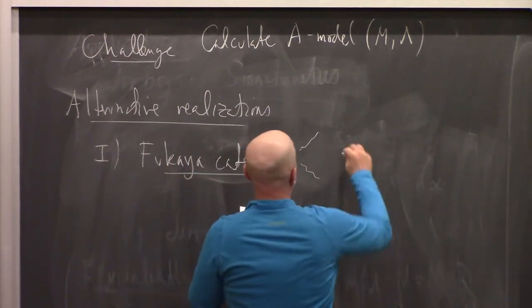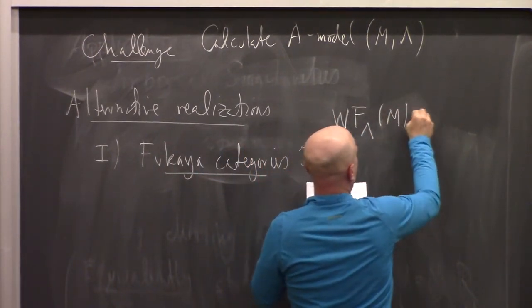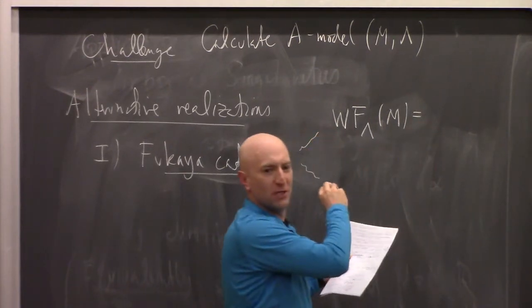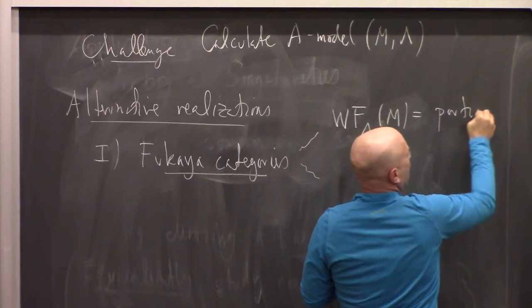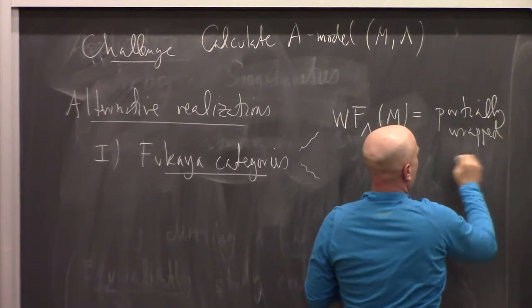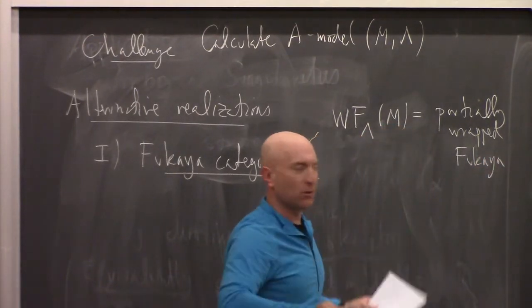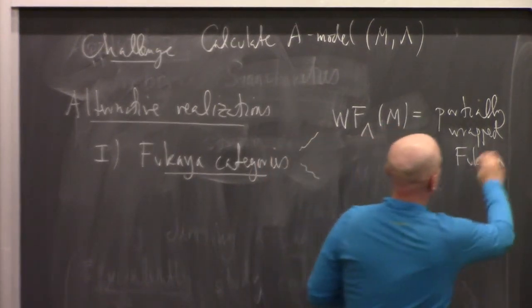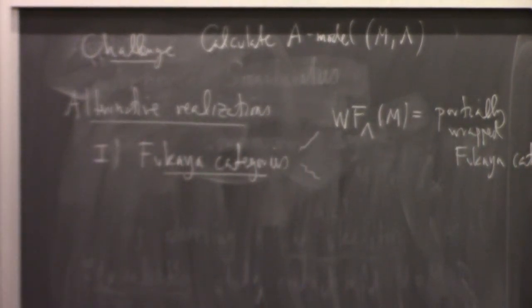On the one hand, there's what people typically call the wrapped Fukaya category, or partially wrapped. Is this the right notation? W? Okay, partially wrapped. I'm not going to tell you what these things are except just to name them, so if you want to learn about them, you can ask people who are here and experts, or people even who they were named after. So wrapped. Partially wrapped is here.